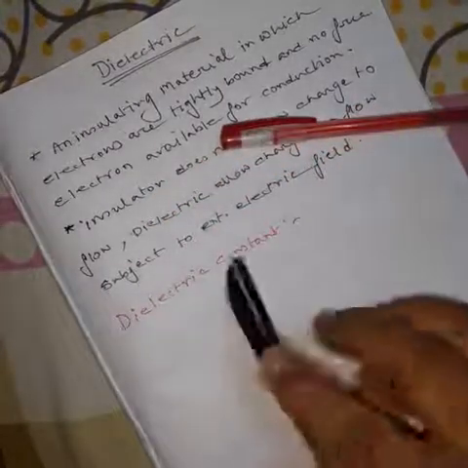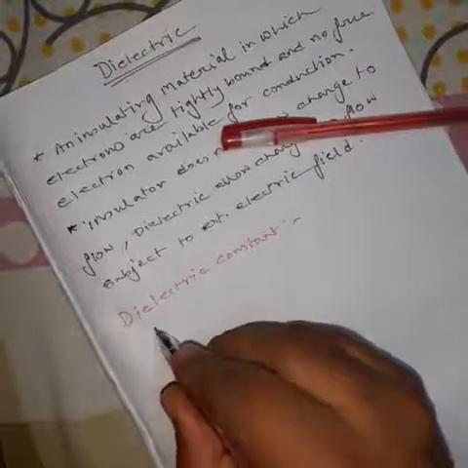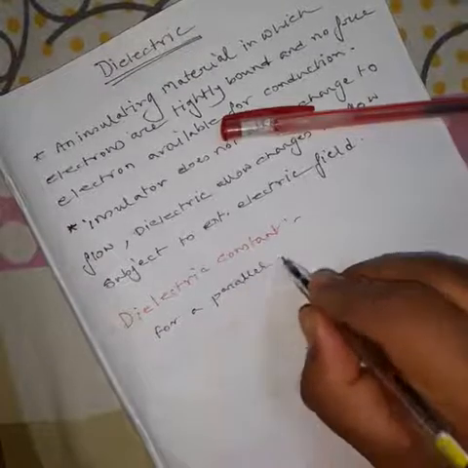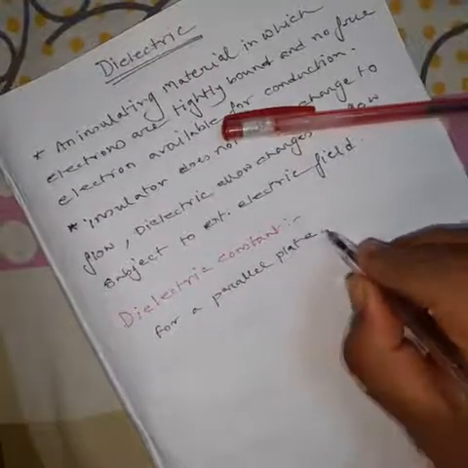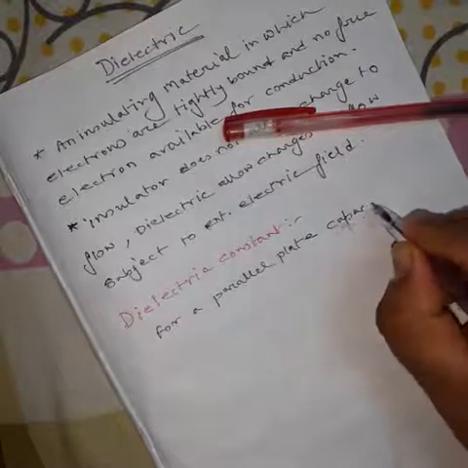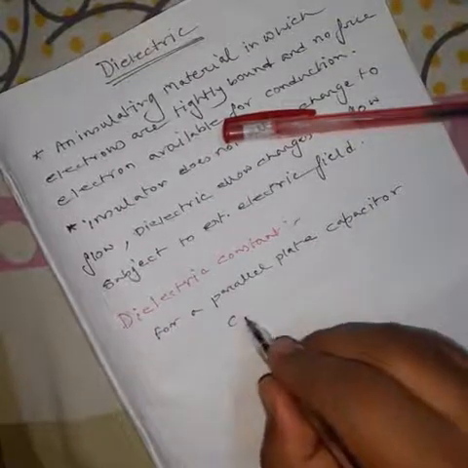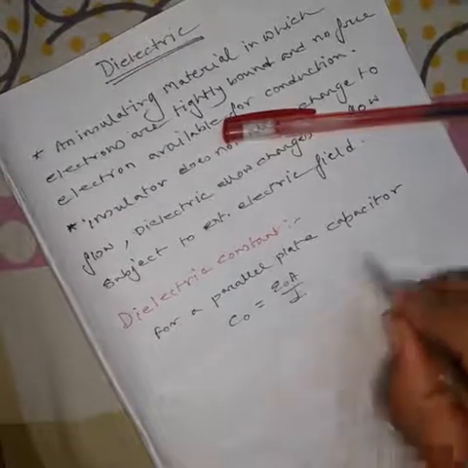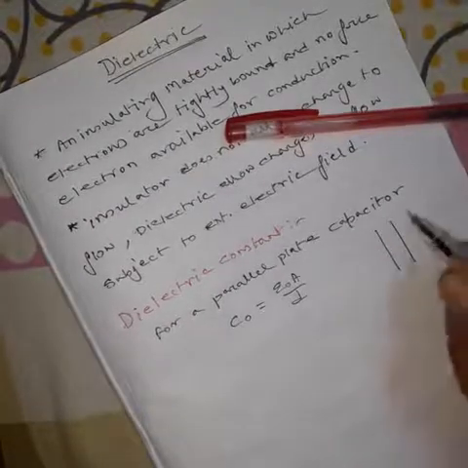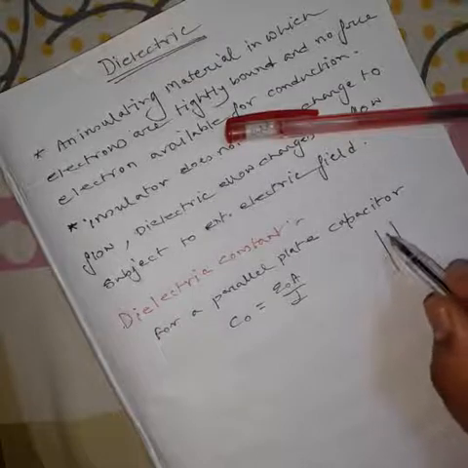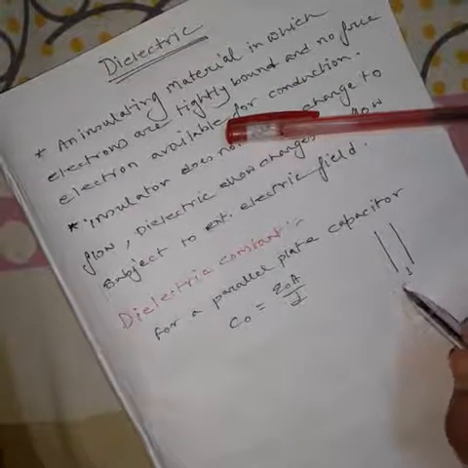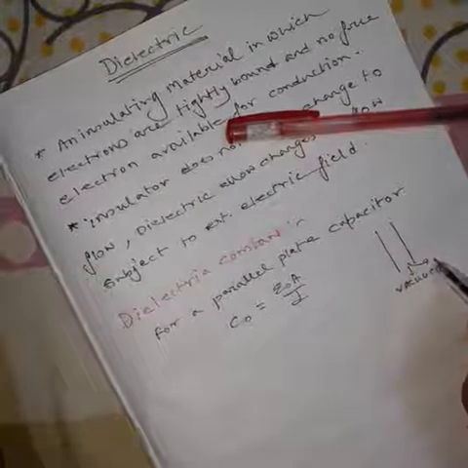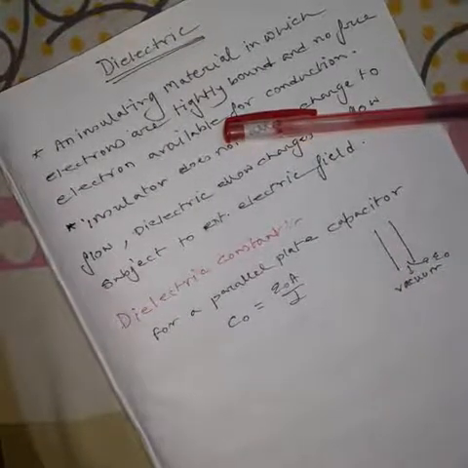For a parallel plate capacitor, the capacitance is epsilon 0 A by D. If this is vacuum, then the permittivity is epsilon 0.